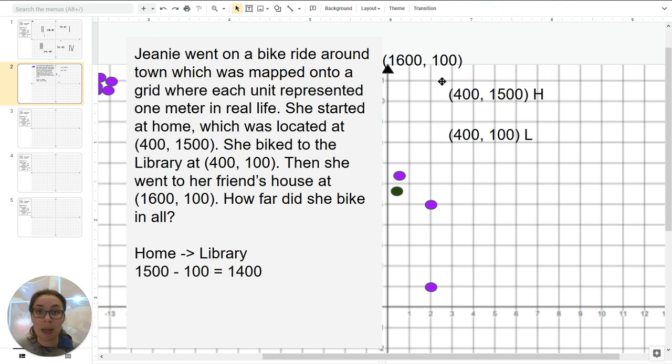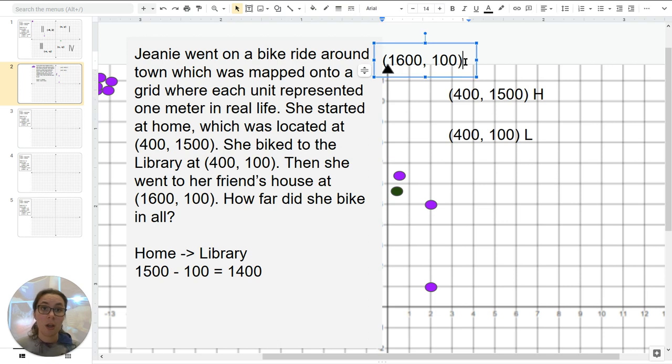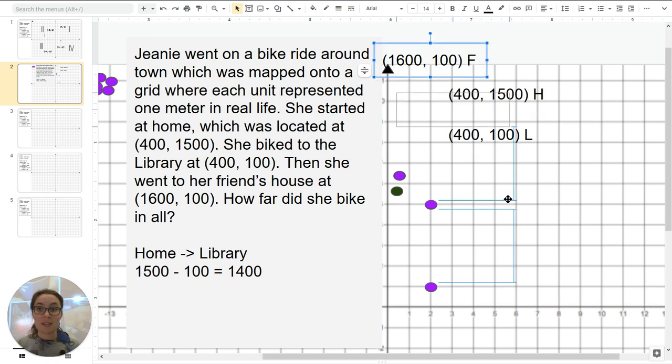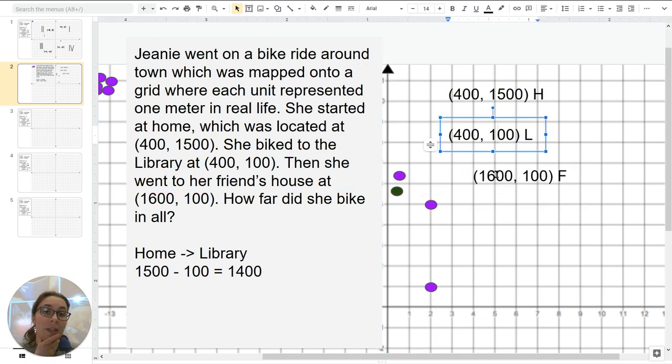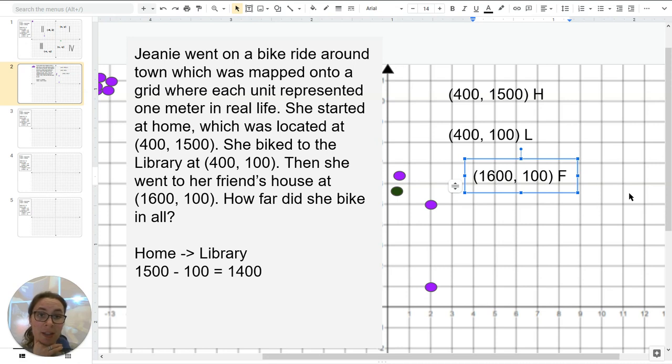Now she goes from the library to a friend's house, and we'll label that F, which is at 1600, 100. Now, look at these 2 points, from the library to her friend's house. What do you notice about these 2 points? If you said that the y-coordinate is the same, you are also correct.